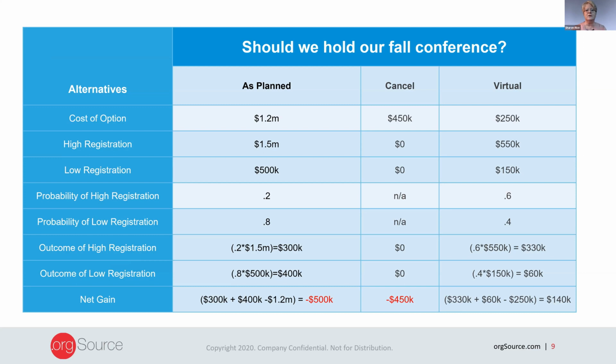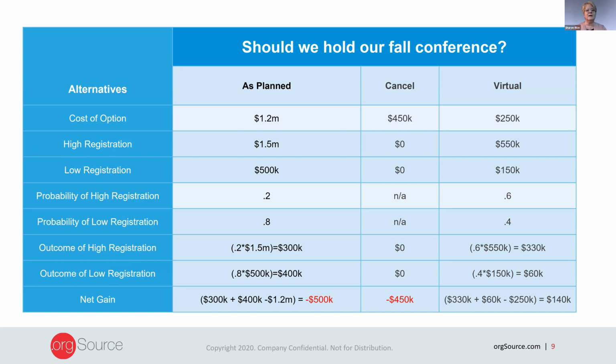Low registration, you can see, is essentially that I get only about a third of my registration revenue. So I have about a third of the attendees. If that 1.5 million represents, let's say, 1,500 attendees, then in this case, I might be only looking at 500 attendees at the conference. So I set a high mark and I set a low mark.